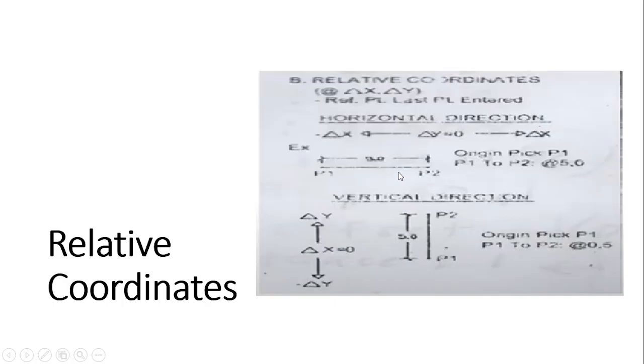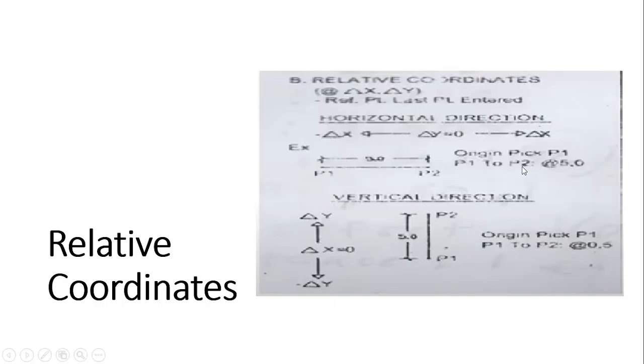Please take note that in the horizontal direction, if our point is going to the right, the relative coordinate in x-axis should be positive. If we go from point 2 to point 1, the difference is 5, but the direction is to the left, so we must indicate our change in x-axis as negative.